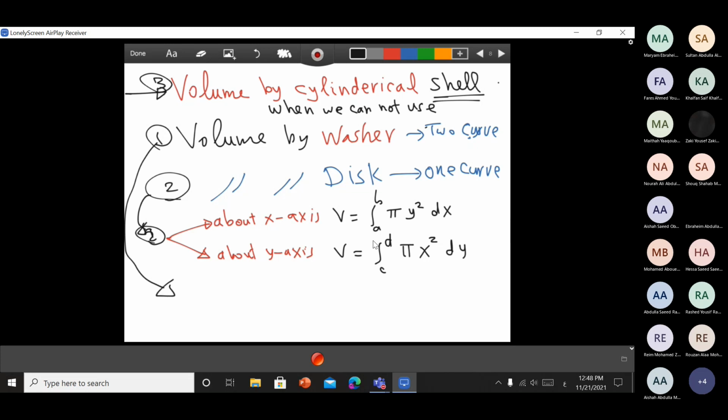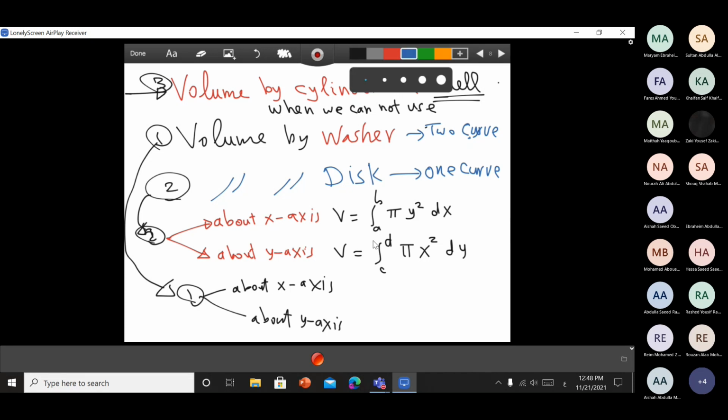The washer, also, I have to mention about the x-axis or about the y-axis. As I said, about the x-axis, you have two curves in this case, so the volume will be the volume from the first one, call it y1 or y2, minus the volume of the other one, and both of them have slice thickness dx.